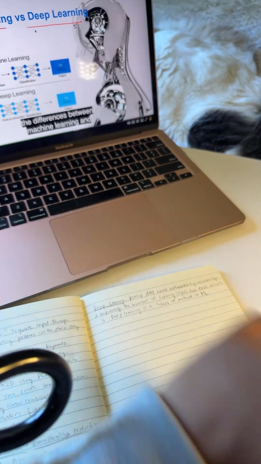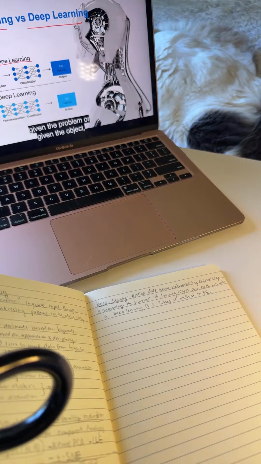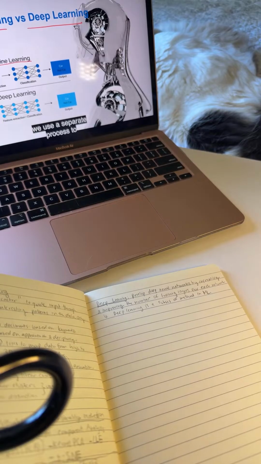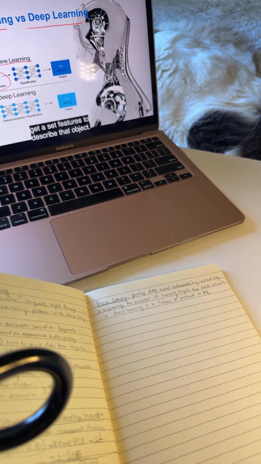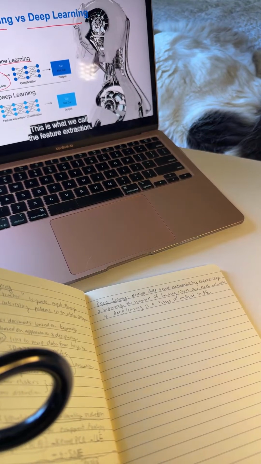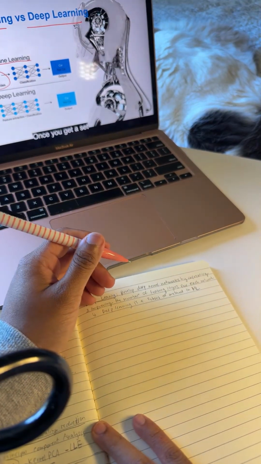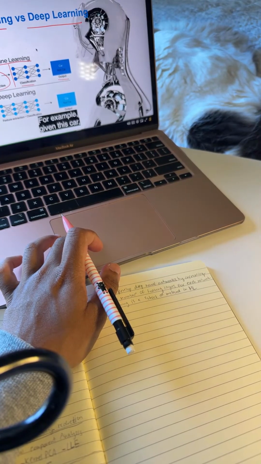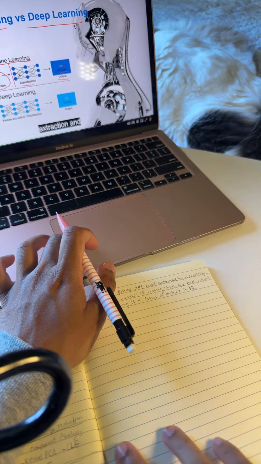So traditionally in machine learning, given the problem or given the object, we use a separate process to get a set of features to describe that object. This is what we call feature extraction. Once you get a set of features, if that is a classification task, then we get the result. For example, given this car, we want to check whether it is a car or not. For this decision in traditional machine learning, we do feature extraction.